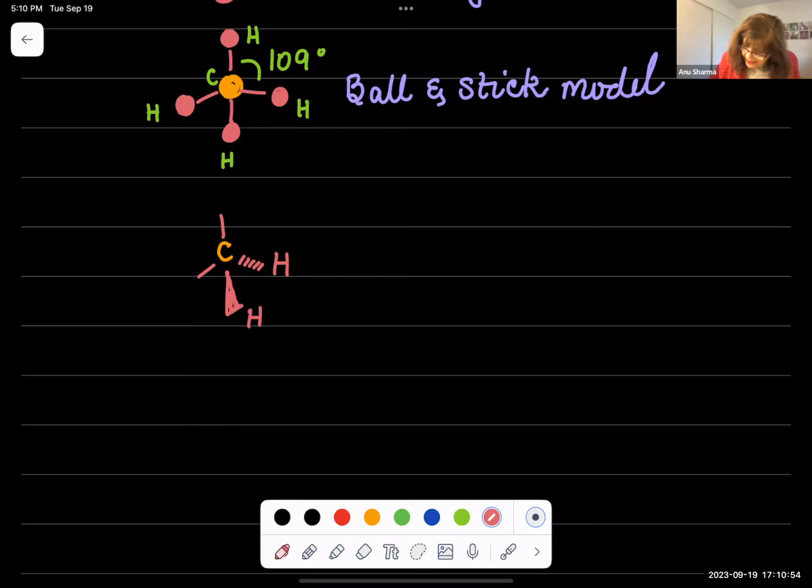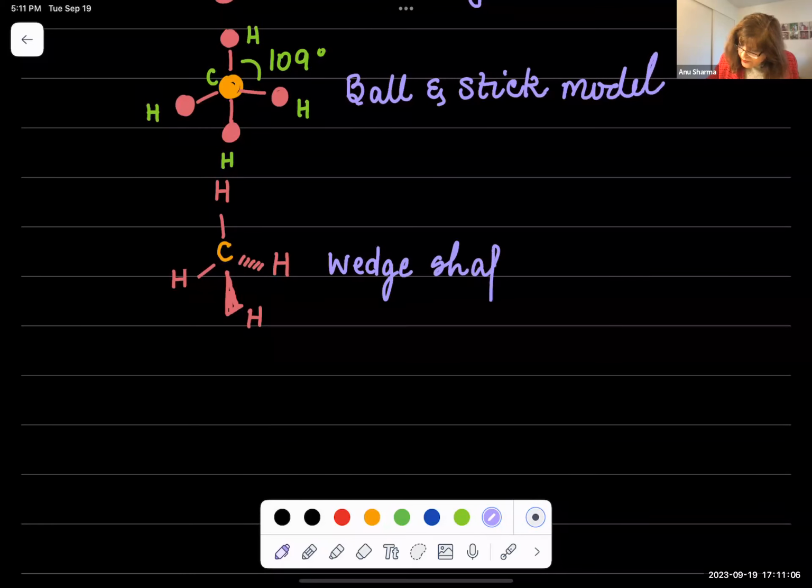So we show it like that in 3 dimensions. This is the wedge shape model. So you see all these different models.